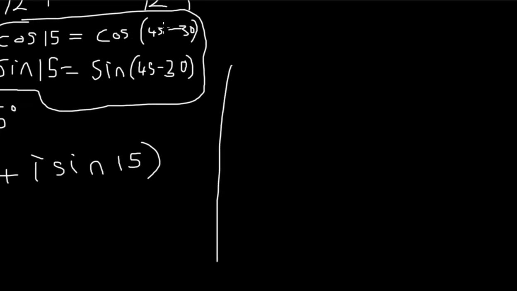So cos 15 is equal to this. So cos 45 minus 30 is nothing but, first you start with the same trig ratio.